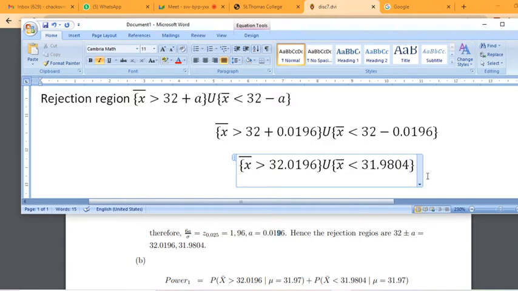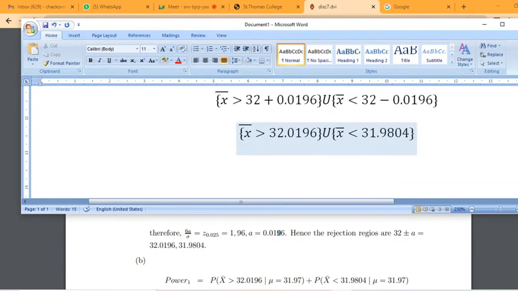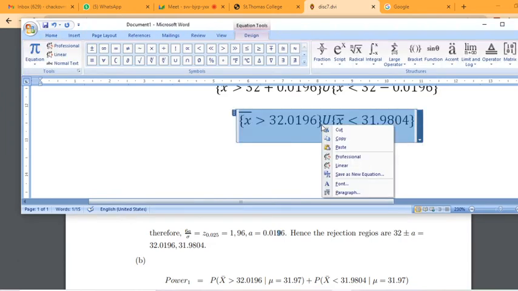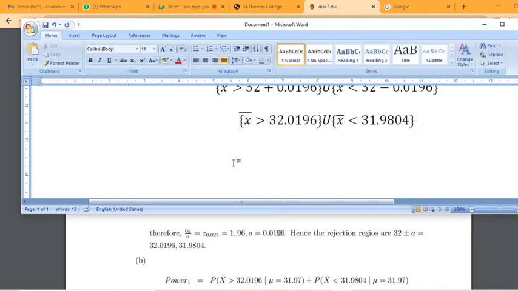Now we have to find out the value of power. What will be the value of power? The probability of rejecting H naught when H1 is true. So it is given here.